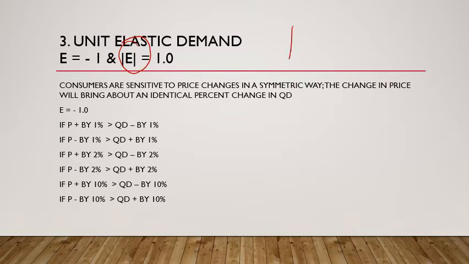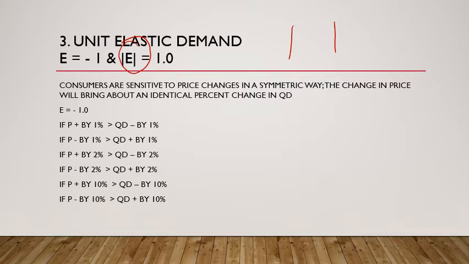Those bars mean absolute value. It's equal to 1.0. When we do the mathematical calculations, we leave the negative number in. However, when we interpret these coefficients, we tend to use the absolute value numbers.